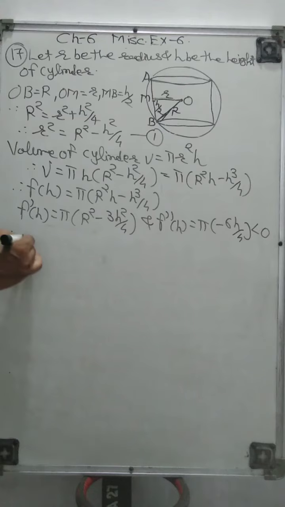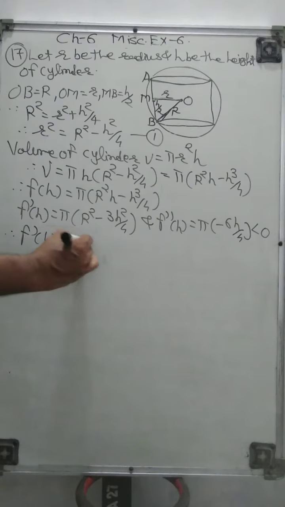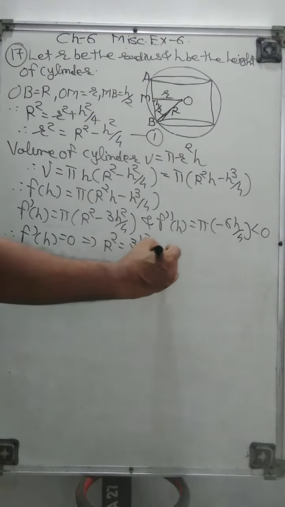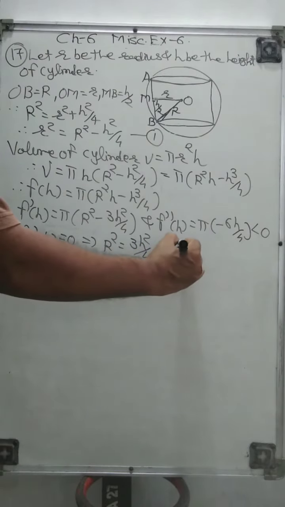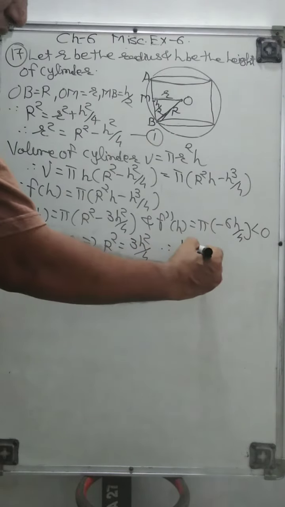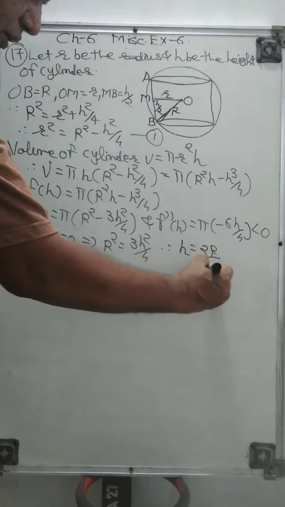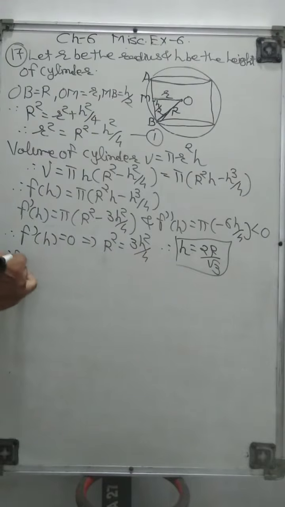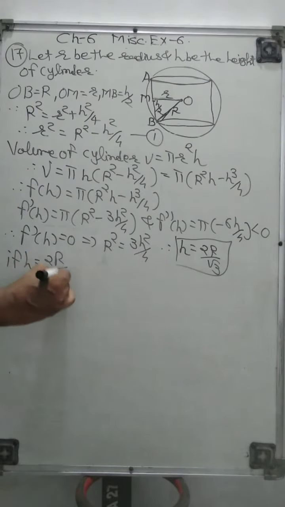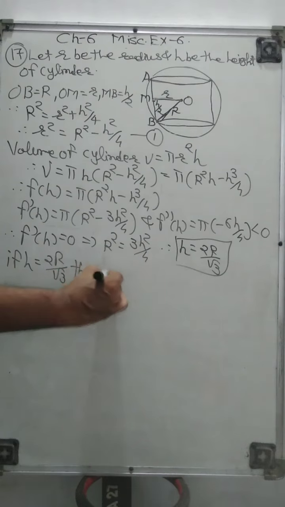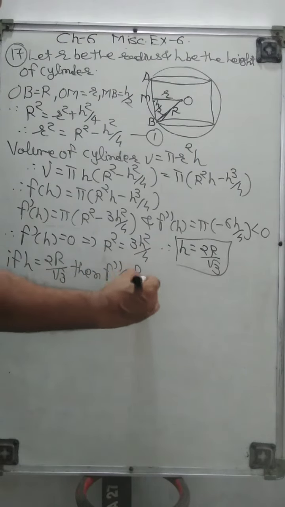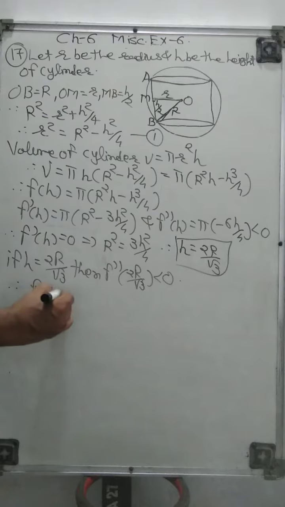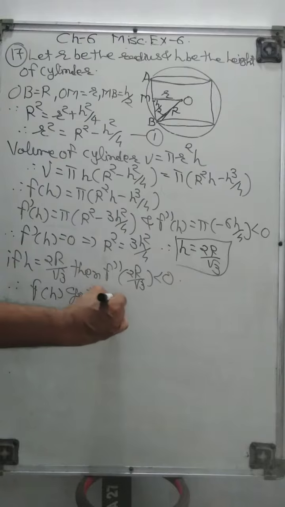So f'(h) is 0 implies R square is equal to 3h square by 4, or h equal to 2R upon root 3, right? So if h equal to 2R upon root 3, then f'' at 2R by root 3 is always negative, and f(h) gets the maximum value.